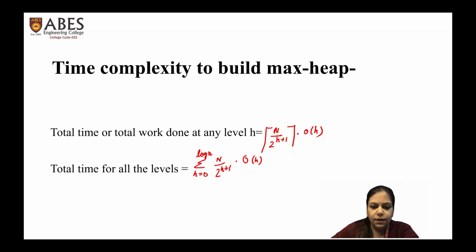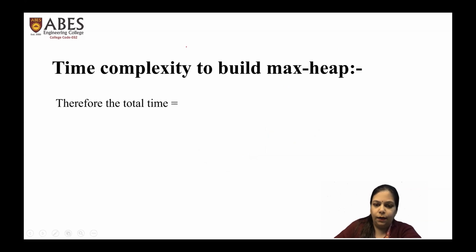So we can say that the total time required by the build max heap algorithm is summation of h equals 0 to log n of n upon 2 raised to the power h plus 1 times O of h. And O of h can be represented as C of h, that is, constant times h.